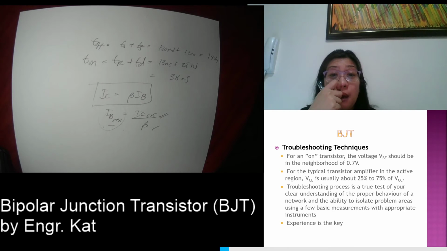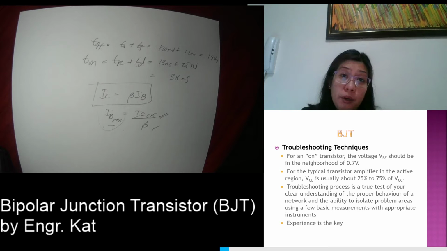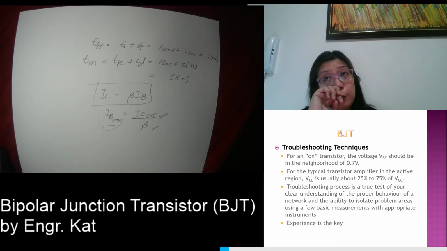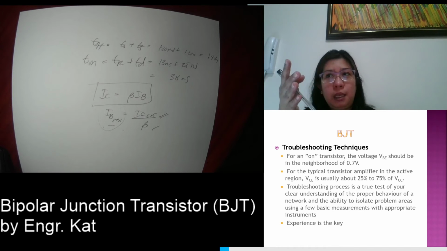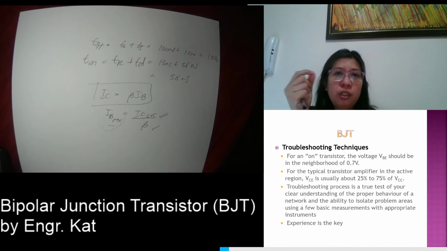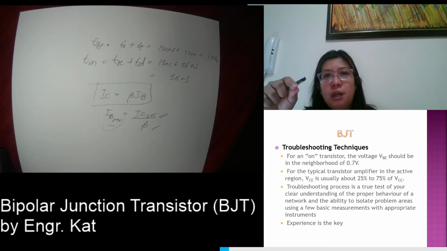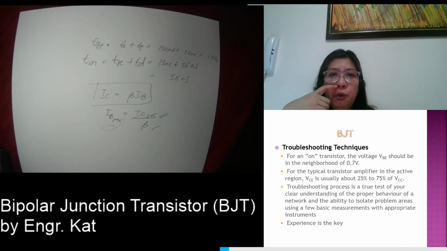You must think already, because in our lecture IB is always smaller compared to IC and your IE. So maybe there's a problem already with your circuit. So you have to know the basics. Okay? Don't just get the data and accept every value you read. You have to look at the validity of those values.